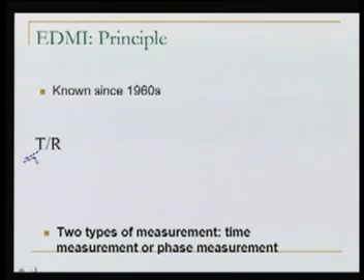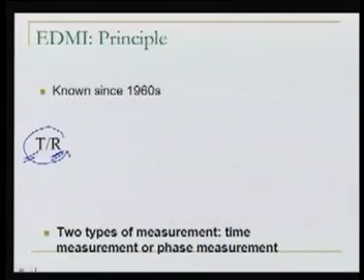The principle is, as I am writing here, there is one T and an R. Now, T stands for transmitter and this R stands for receiver. So, we have an instrument here, and this instrument is a transmitter as well as a receiver.